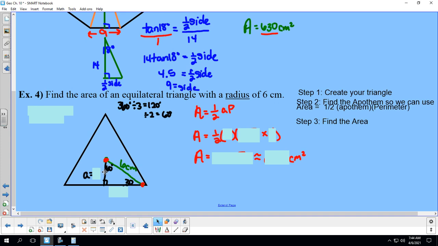Remember, our short side is equal to half of our hypotenuse, and our long side is equal to our short side times the square root of 3. So we can do this super quick. We got half of 6 is 3, and then we just stick a root 3 on top of that to find half of this side.